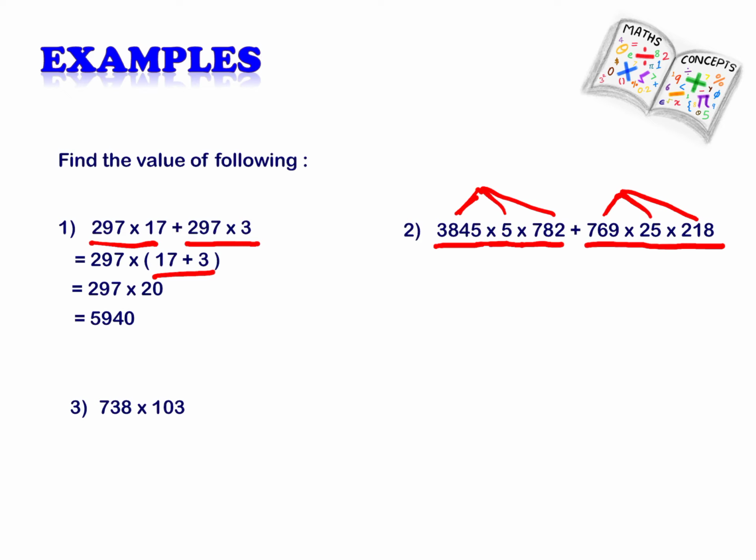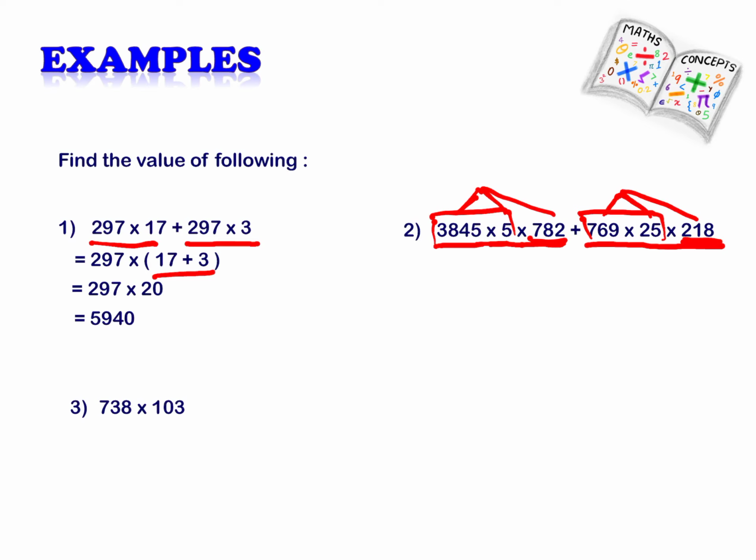Also, if you observe, 782 plus 218 gives me 1000. Addition of these two is 1000. So we probably should try multiplying first two numbers on both sides. Also, if I have to find out whether it is right or not, I can do the rough calculations by rounding off.